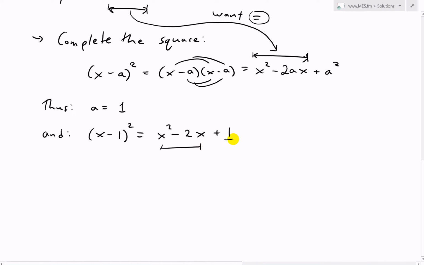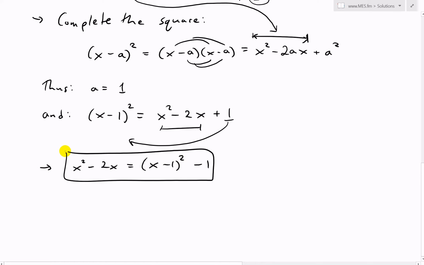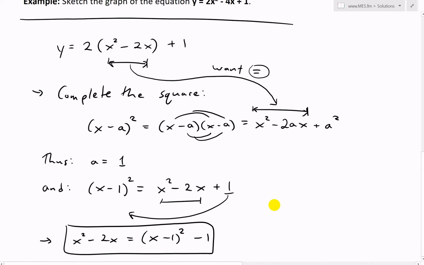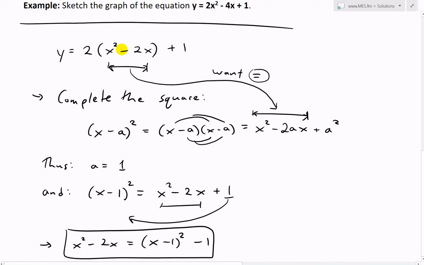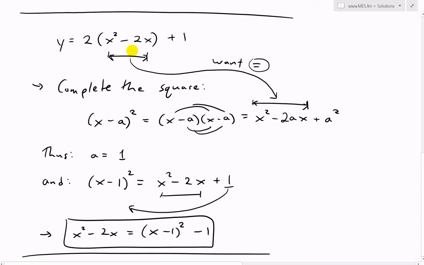So what we can do is move this over to this side. So now what we get is x squared minus 2x equals x minus 1 squared minus 1, and this is what this part equals. Circle this part. So now what we could do is throw this all the way inside there.